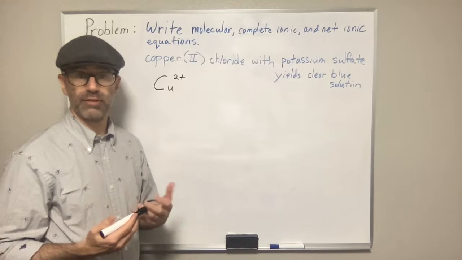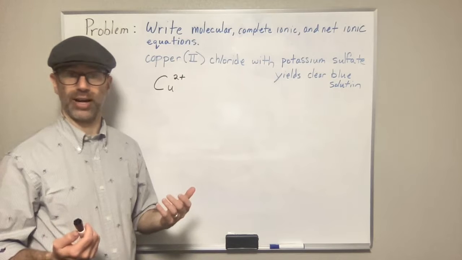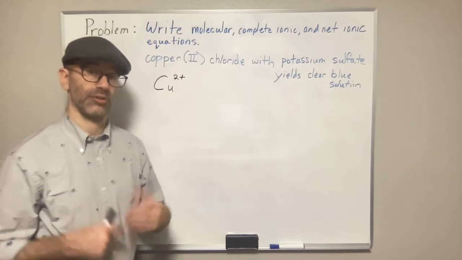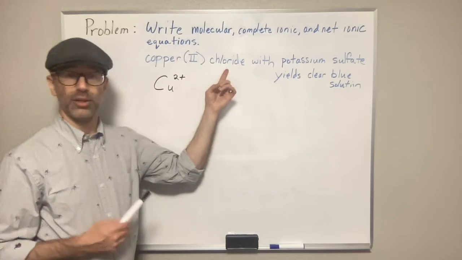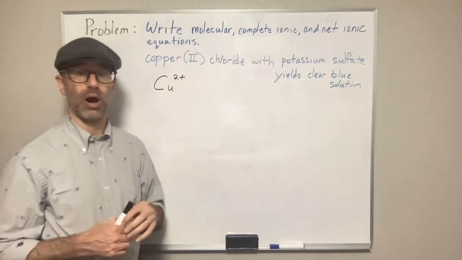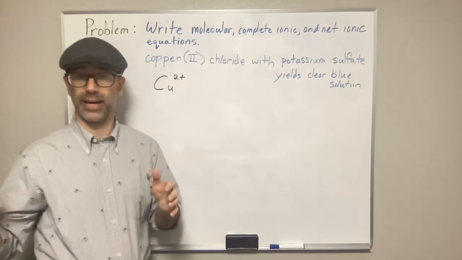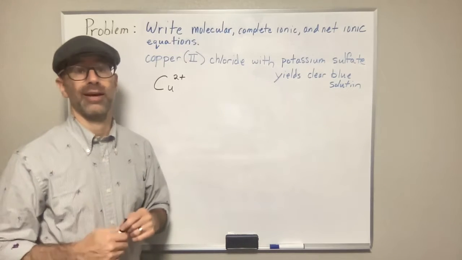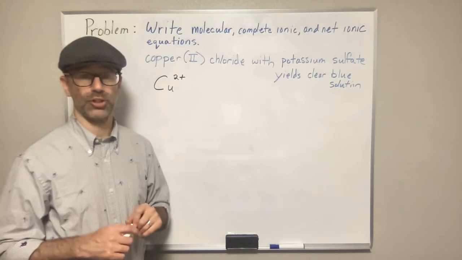Chlorine is in group 7, so we know that it has a -1 charge. How do we know that? Well, there are a couple of ways. One, if you are in groups 5A to 8A, you can follow the rule that the group number minus 8 gives you the charge.